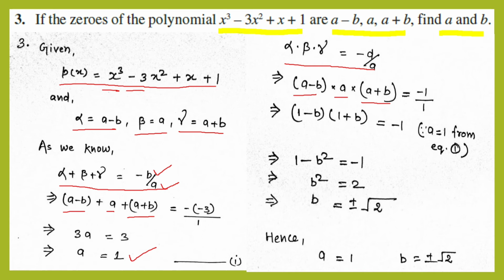Value of d will be the constant in the given polynomial, that is 1, and value of a is the coefficient of x cubed. You can put the value of a as 1 from the equation 1. Now if you solve this, this will become a quadratic equation in b, and it will give you two values of b. Those two values will be plus minus root 2. Hence we have a equal to 1 and b equal to plus minus root 2.